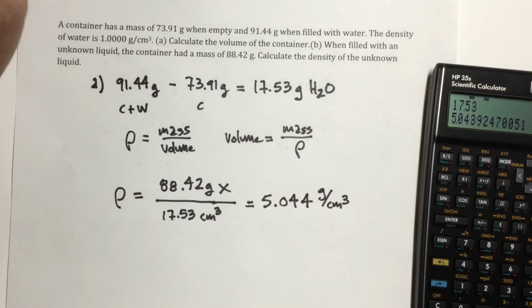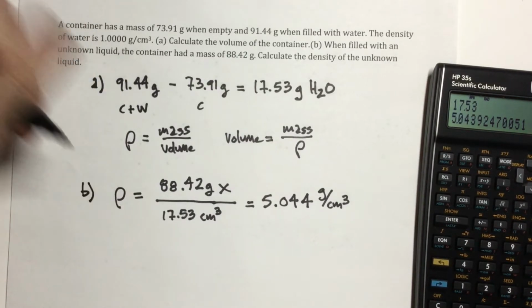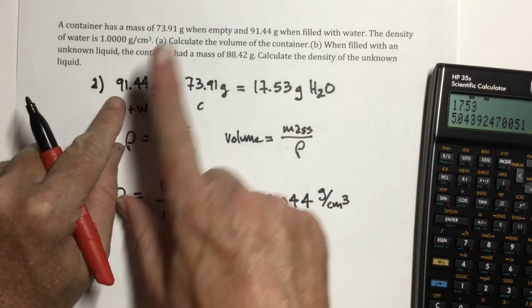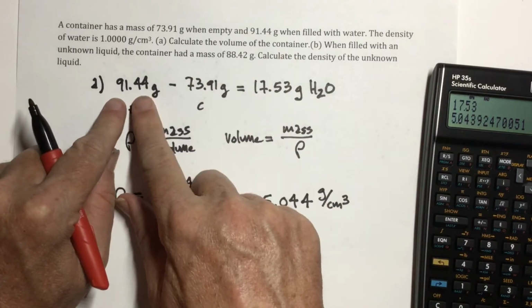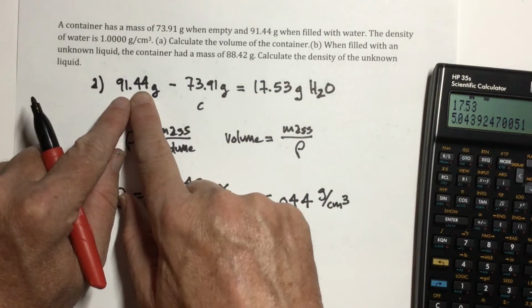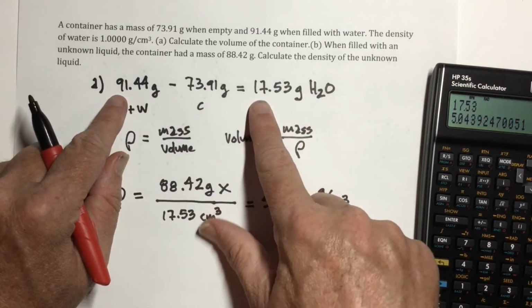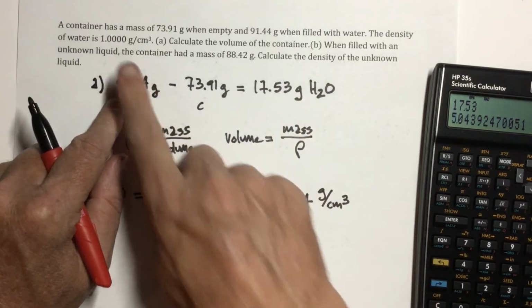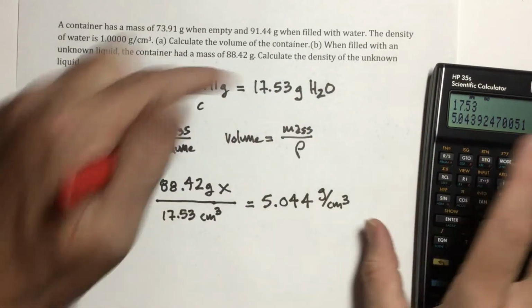Okay. All right, let's run through that again real quick. This was answer B. For answer A, I know that the container weighed 73.91 grams when empty, and when filled with water, it weighed 91.44 grams. If I subtract those two, that gives me the mass of the water. The density of the water is 1, so the mass and the volume are the same.